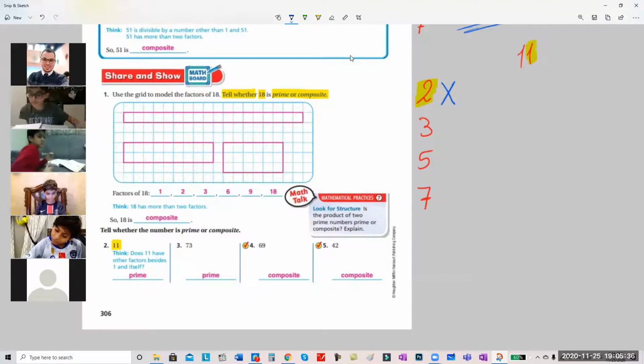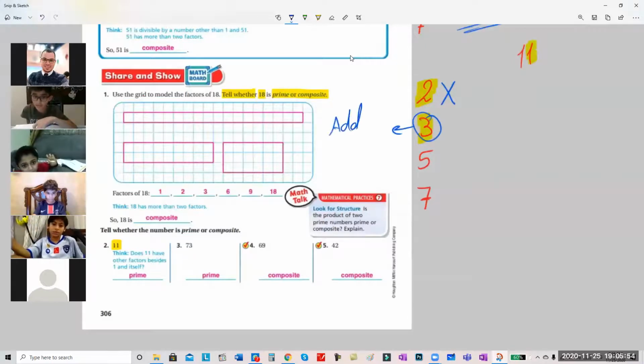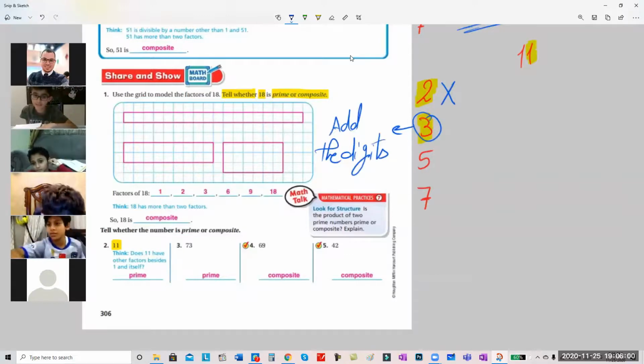Okay. What about 3, Ryan? Can we divide 11 by 3? How can we know? You have to add the digits.